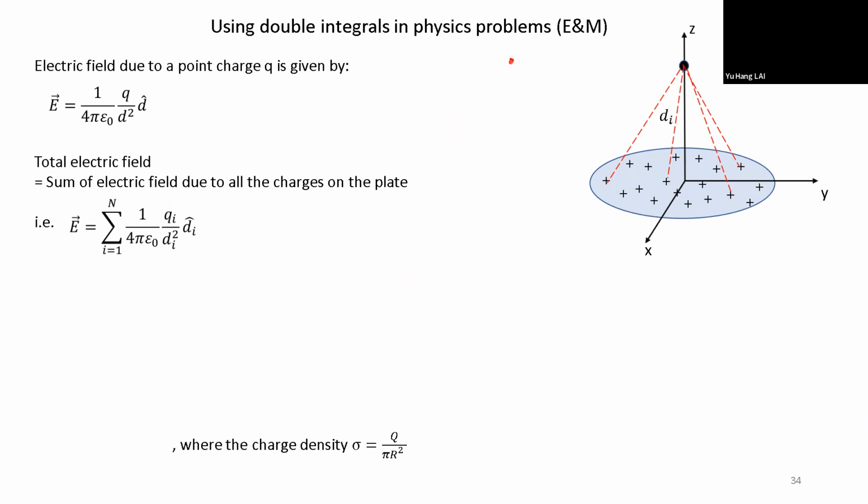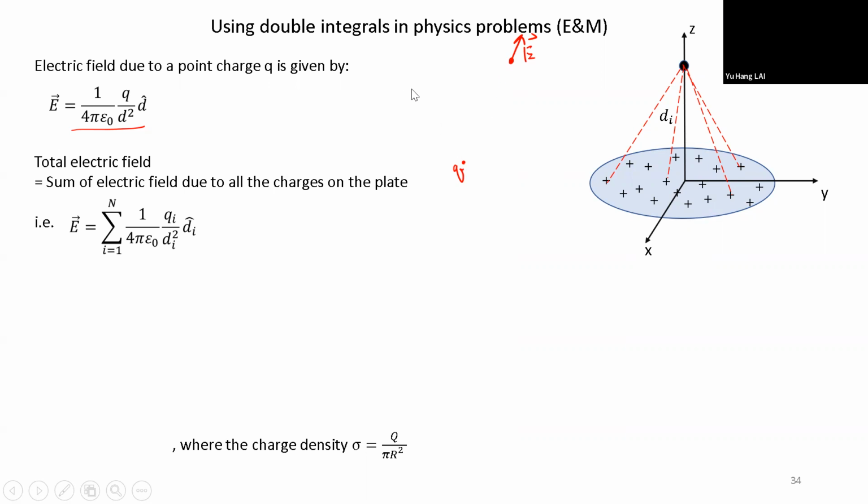If you are here and there's a point charge here, then at your point, the electric field due to this small point charge will be given by this formula. In it, d squared, d means the distance between this point charge and yourself, and this d hat vector is the unit vector that goes along this line.